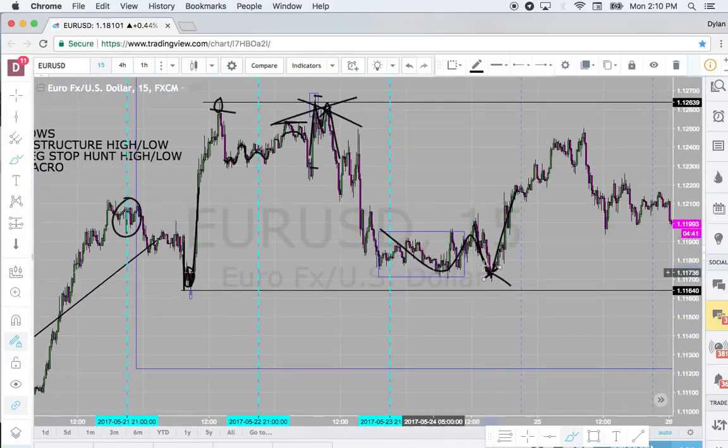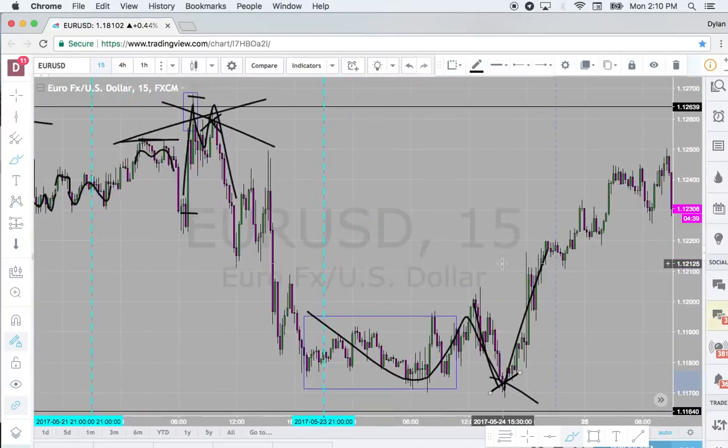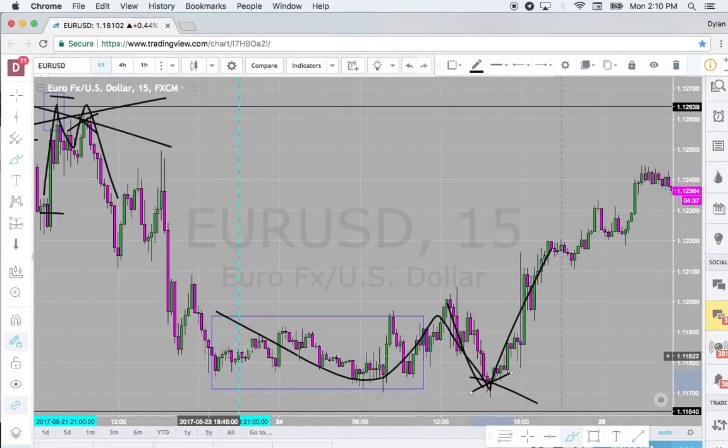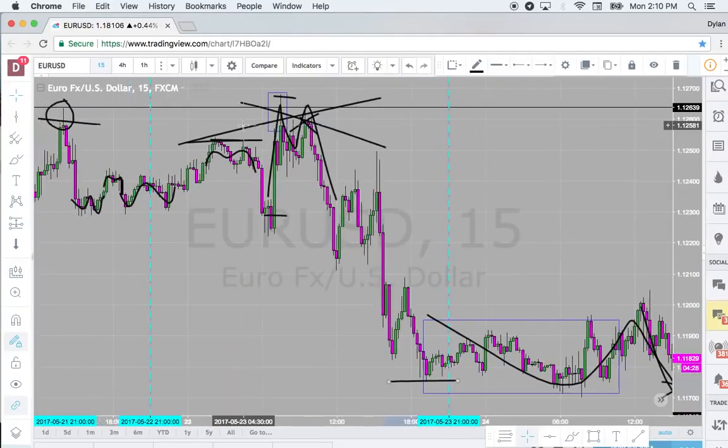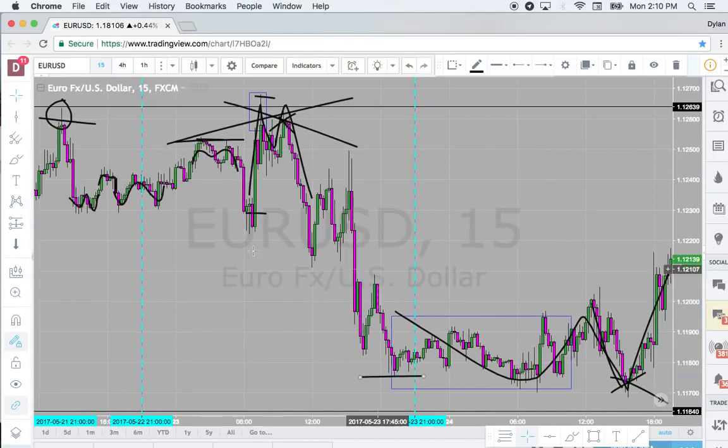Now, what else do we see? This W formation happened at the low of the previous day. So the previous structure low, okay, remember this is the previous day, and so this would be the absolute low of the previous day, if this is the close of that day. So this is the low of that previous day.